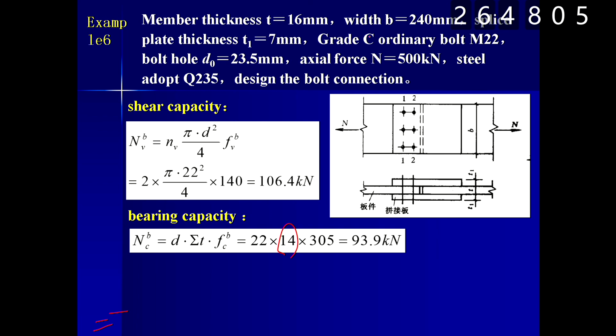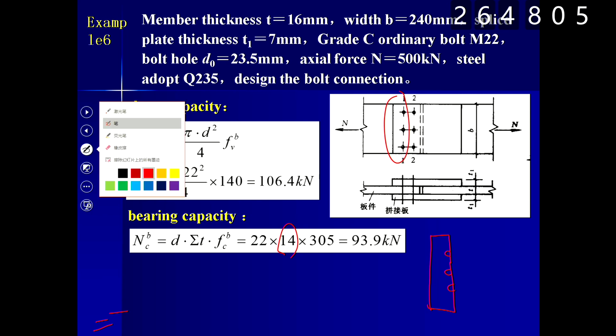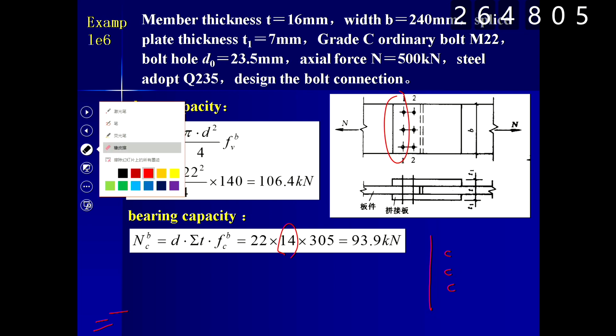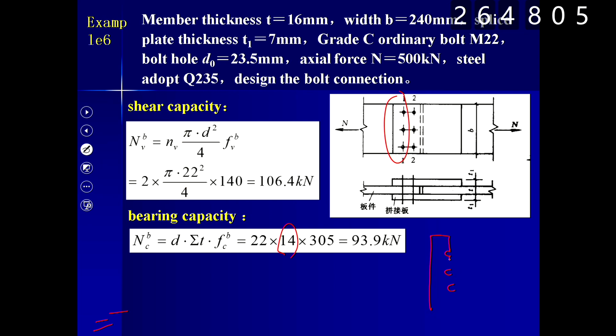Okay, the bolt design is finished. Now we check whether the whole thing is right or not. This is bolt. This is plate. We choose this side to check because we have 3 bolts, 3 parts will be empty, right? 3 parts are empty.